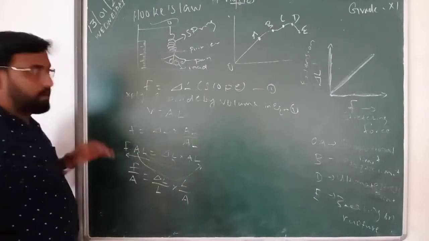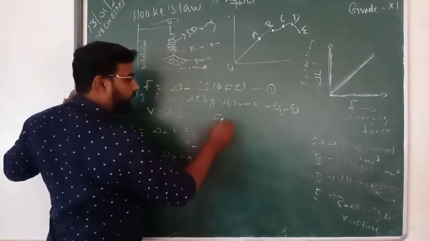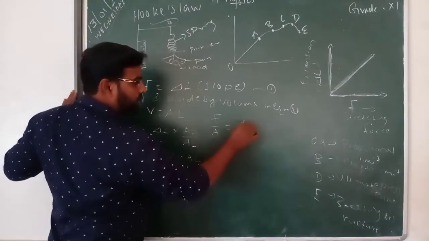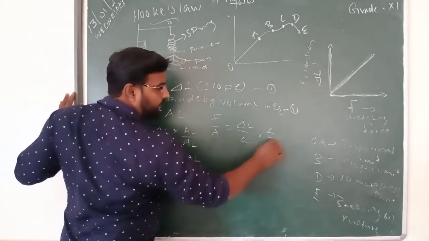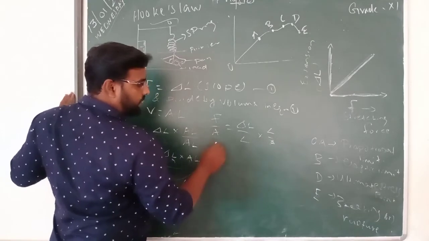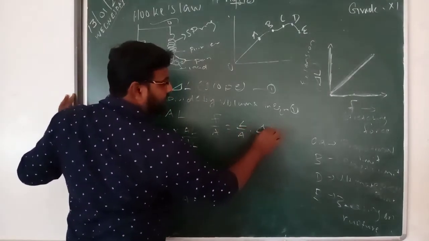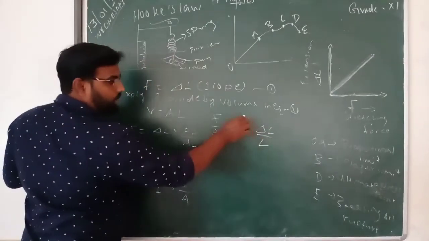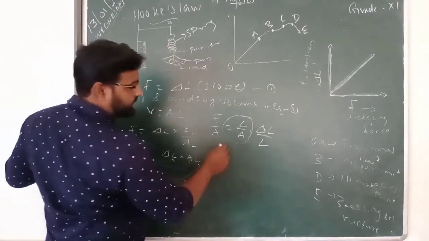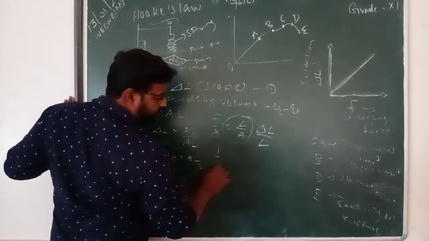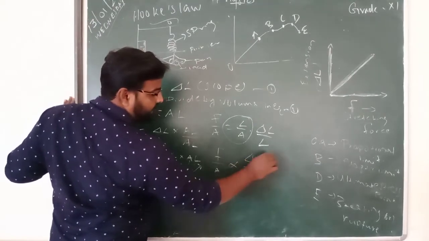Just rearranging this equation, we will get F by A equal to delta L by delta L into L by A. You can rearrange and write this equation as L by A into delta L by L. Now you can take this as a constant, the proportionality constant. So F by A is directly proportional to delta L by L.